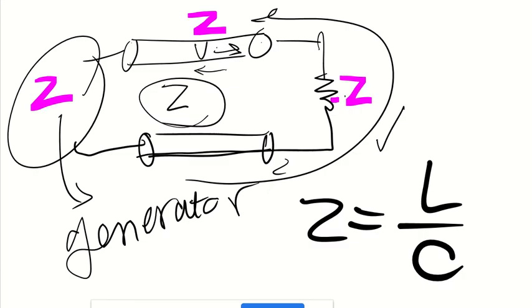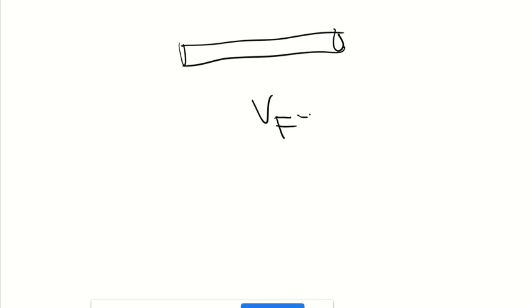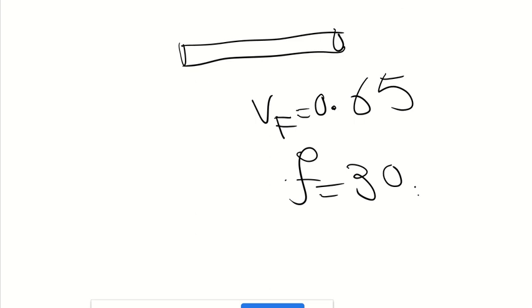So if somebody asks you what is the length of the transmission line when Vf is 0.6 and F, the frequency of the signal that goes through, is 30 megahertz.